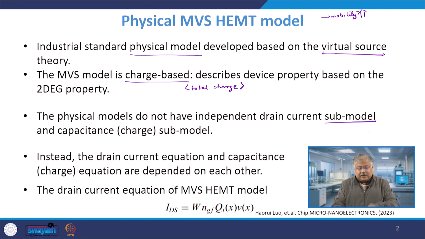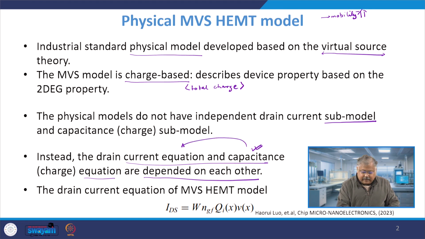Similarly, charge can be found if you provide the bias and you know the doping concentration, and you solve the Poisson equation to find the total charge. However, as I discussed, in MVS models they are dependent on each other, which means the drain current and capacitance equations are dependent on each other: you find the capacitance, and from the capacitance you evaluate the value of the drain current.